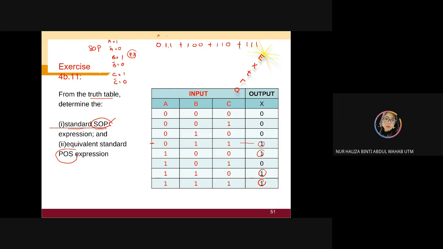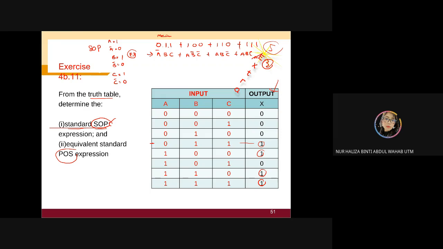So I just refer to A, B, C, A, B, C, A, B, C. 0 for my A will be A bar, B will be 1, and C is 1 over here, plus A, B bar, C bar, plus A, B, C bar, plus A, B, C. Done. 3 minutes. Just 3 minutes. Even up to 3 minutes you can come out with your SOP. After you have done your SOP, ting ting, you already get 5 marks.